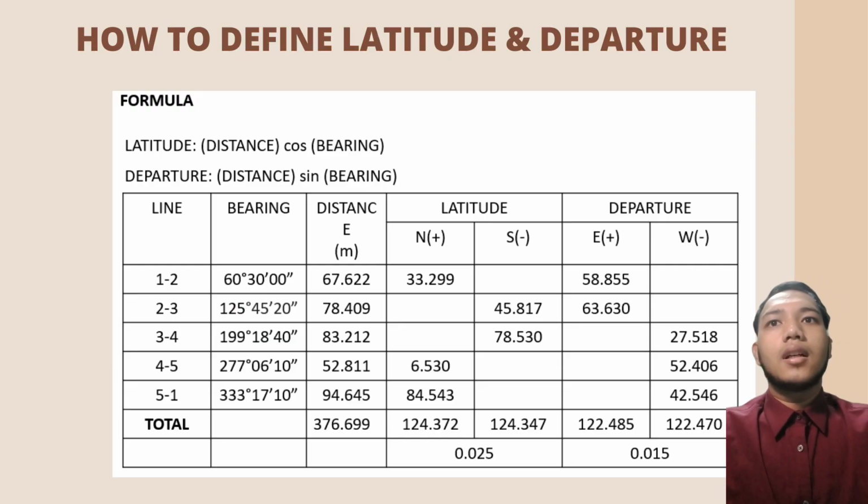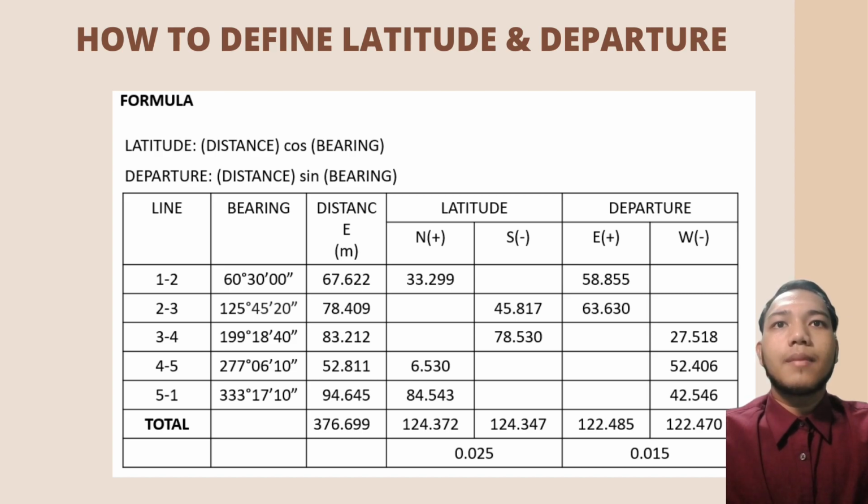Okay, next, how to define latitude and departure. The formula given for latitude is distance times cos bearing, and departure is distance times sin bearing. So how do we calculate? First we find the latitude.